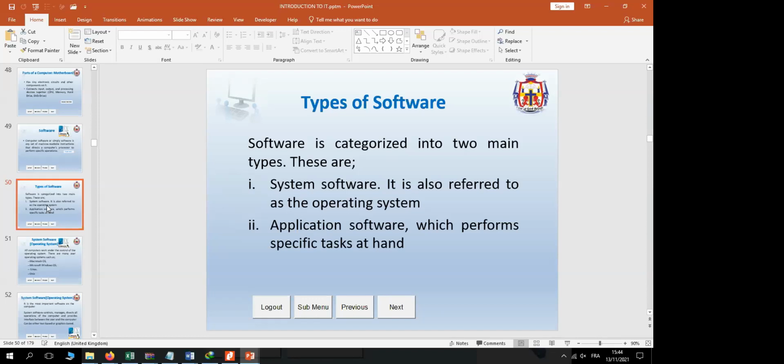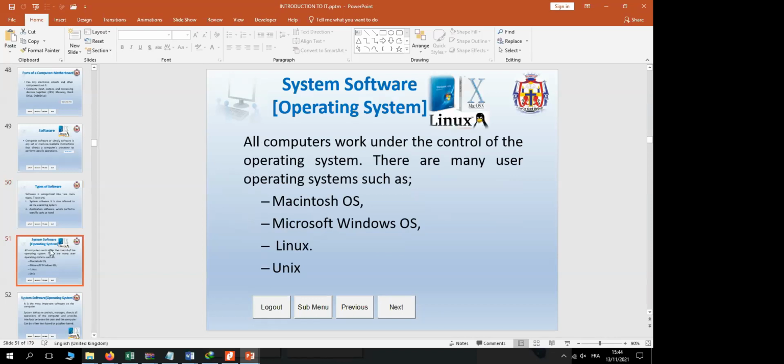Okay. Then I have exhausted, I think, system software. We have given examples of manufacturers, such as Microsoft Windows. We have Macintosh. We have Linux.